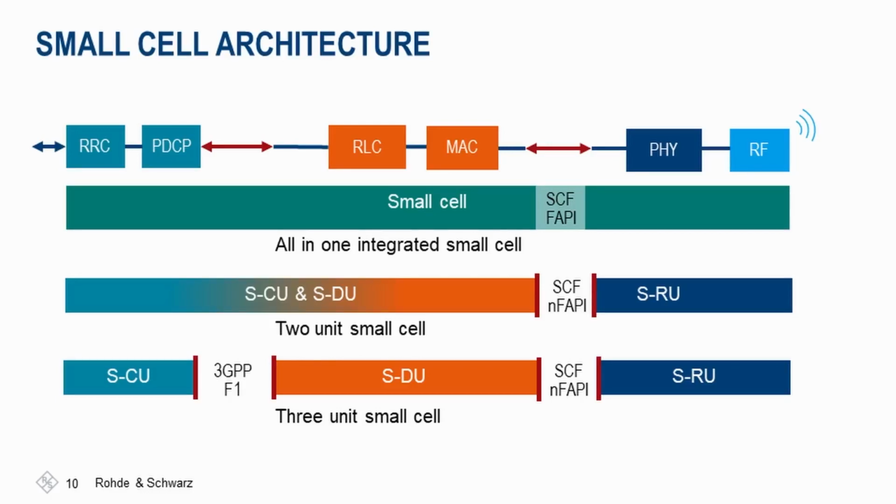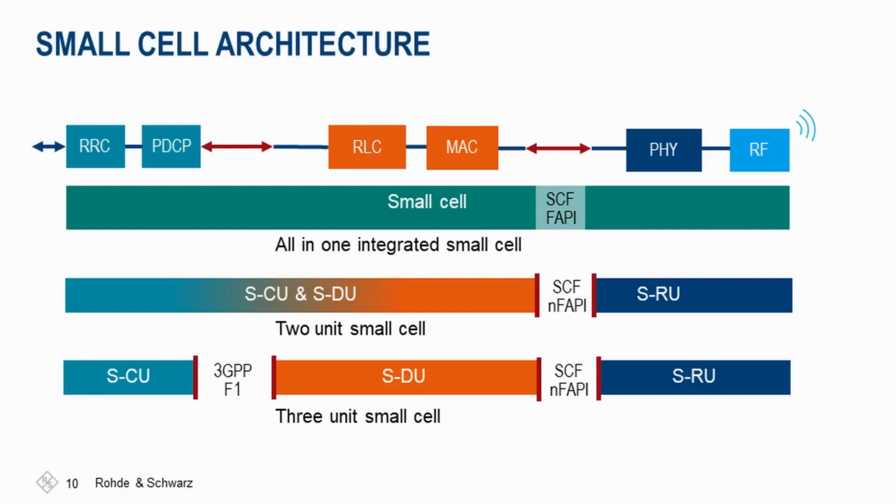So here you see the layers from physical to RRC and RF layer, and the possible different architectures. One is an all-in-one integrated small cell. It contains all the layers from RRC through PHY and RF in one unit, and within the all-in-one integrated unit, the small cell can still use the FAPI interface, the open interface, to communicate between the MAC and the PHY.